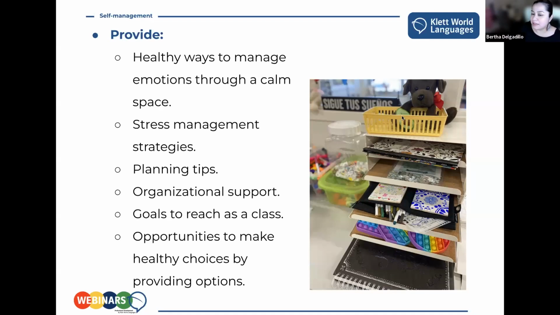So I have little squishy stress balls, okay? And I have these books I purchased from the Dollar Tree. They are coloring for tranquility, different coloring books that have mandalas and things like that in them. And I try to have a variety that is not only for one particular type of student. Then I have this puzzle that I received in the mail. So I put it in there, and students have actually used it.